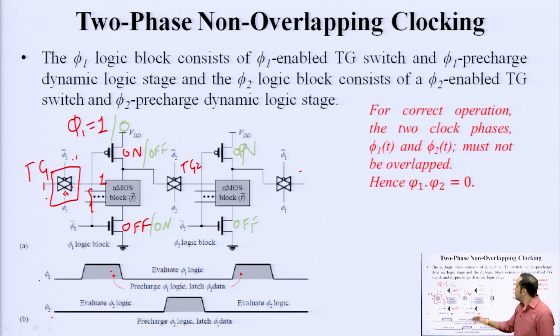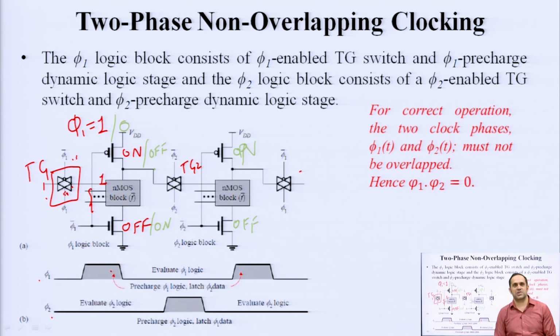Here pre-charging takes place now, and whatever data was here is being evaluated and latched at this point output, but it is not being transferred as yet because the switch is open till now. And when phi 2 again goes high, this switch gets closed, this becomes open, this has nothing to do, and then data gets latched onto here and this starts to charge.